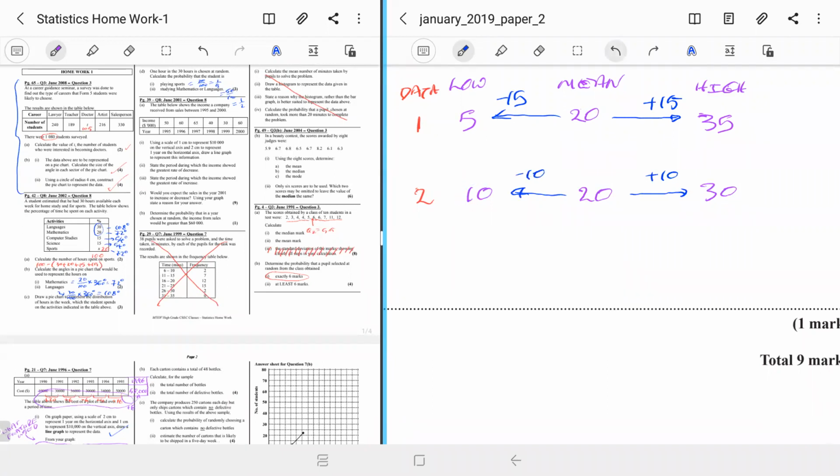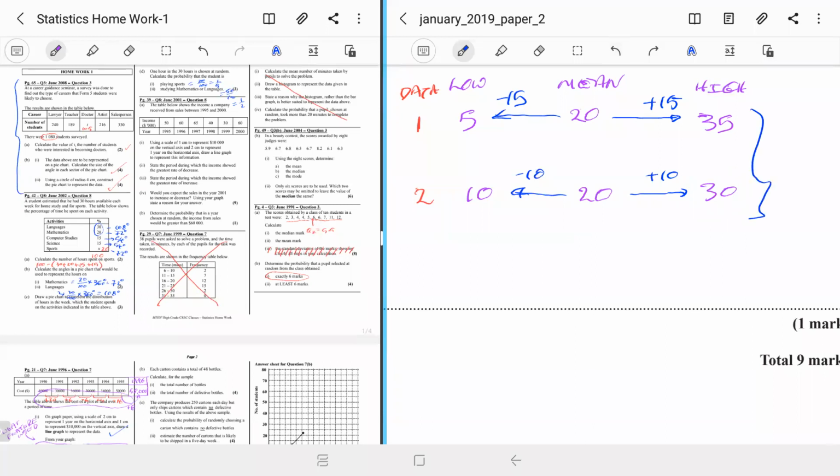Let's say they have some other values in between. But the mean is 20, and it varies to a low of 5 and a high of 35. Here again, the mean is 20 for another set of data. It varies down to a low of 10 and goes up to a high of 30.